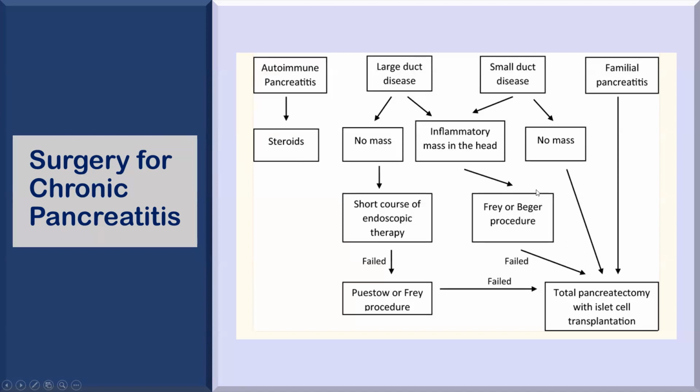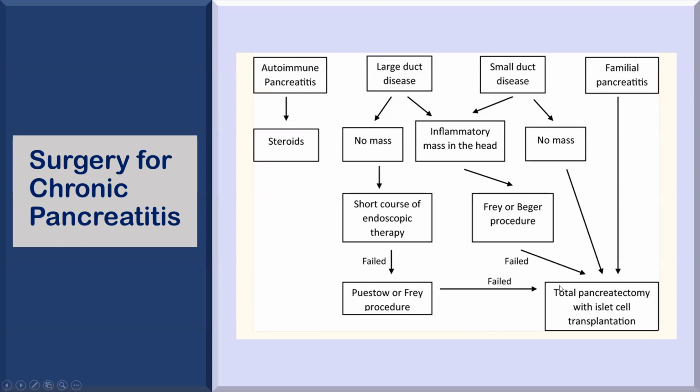The important thing is when you have only ductal dilatation without a mass formation, then you can think about the lateral pancreaticojejunostomy, just laying the duct open. If you have a mass lesion, then you might have to think about the Frey or the Beger procedure.